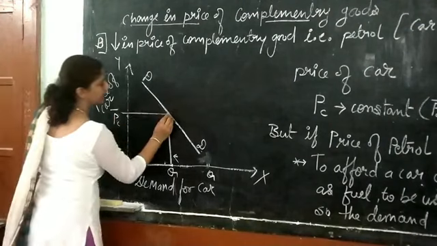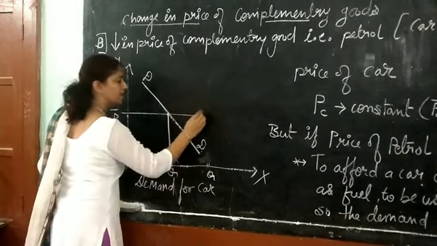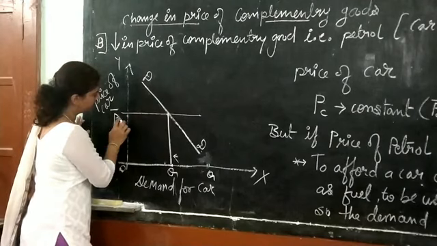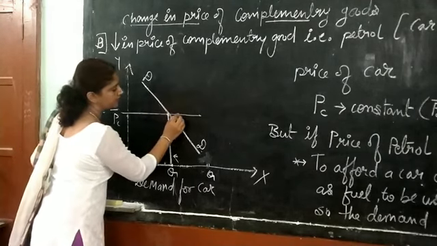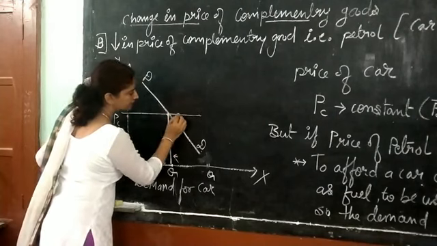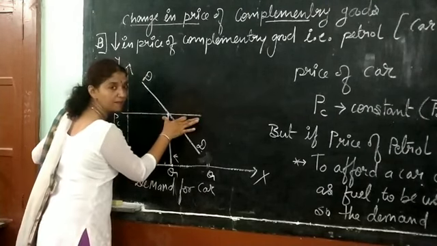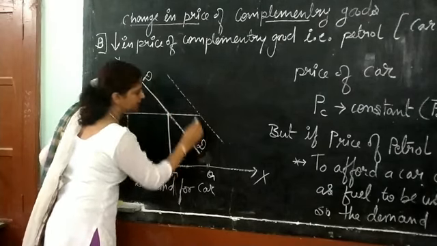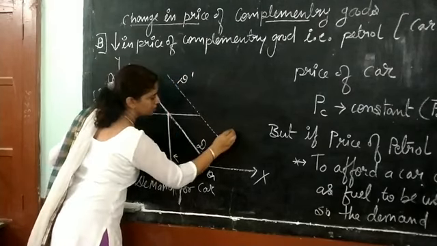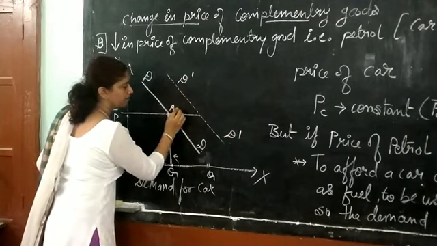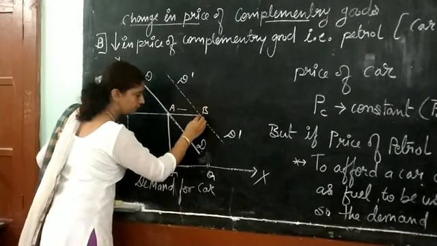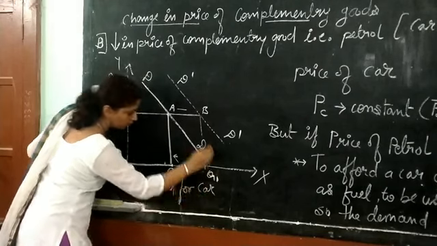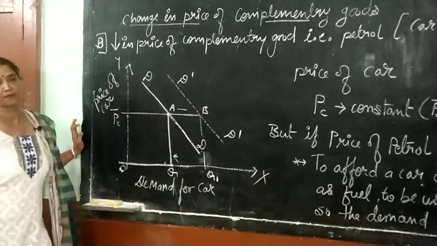So at the same price the demand for cars will rise, but the price of the car is constant. That's why the consumer will remain on this same line, and the new demand curve will shift from DD to D dash, and he shifts from A to B. At this point the consumer will demand Q1 quantity of cars.